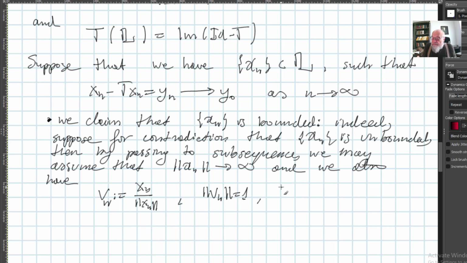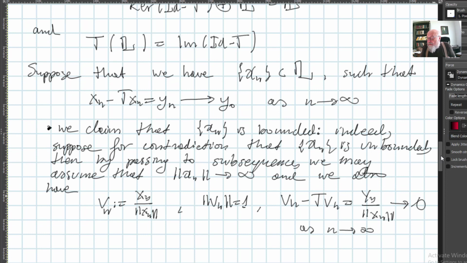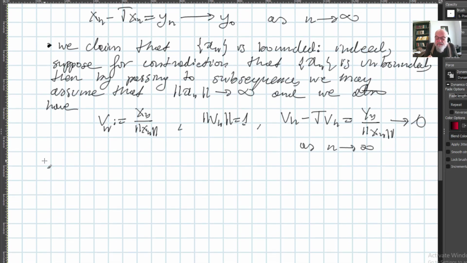And secondly, Vn minus T Vn, which is equal to yn divided by the norm of xn, goes to 0 as n goes to infinity. So this goes to 0.